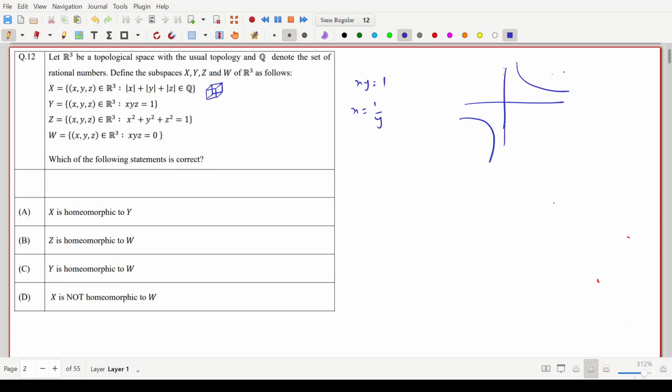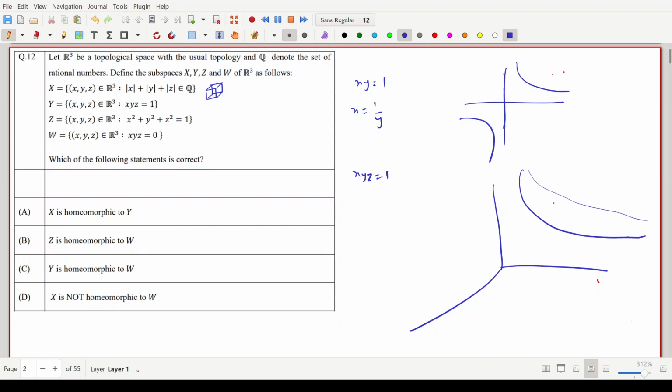Now if you try to make it xyz equal to 1, what will it be? It will be something similar to that, but it will be something like a mat here.